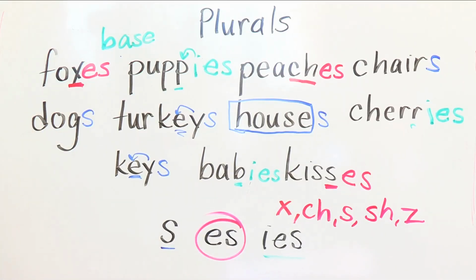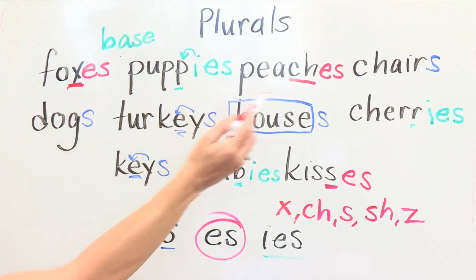I made a sign with those, and I stuck that up on my wall in my classroom so students were always able to refer to it. And they literally would memorize it. I would ask them, hey, when do we add ES to a word? And they would go, oh, when it ends in SH, S, CH, X, and Z. So keep that in mind.